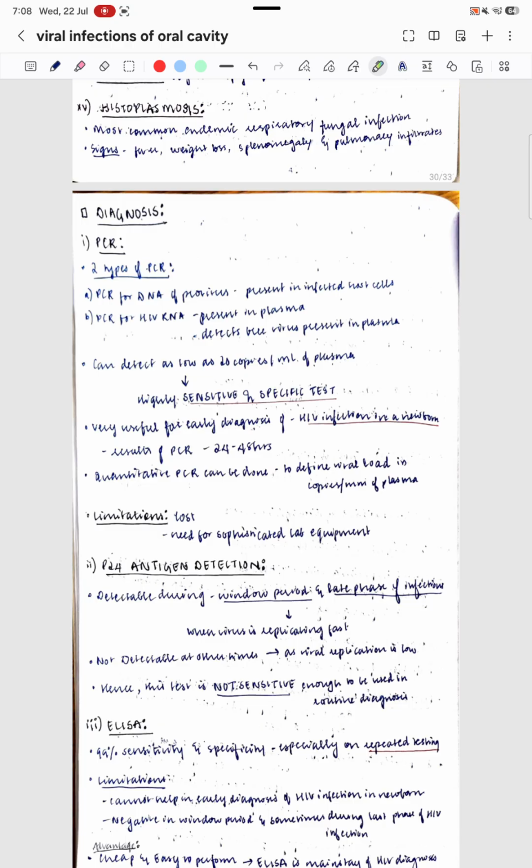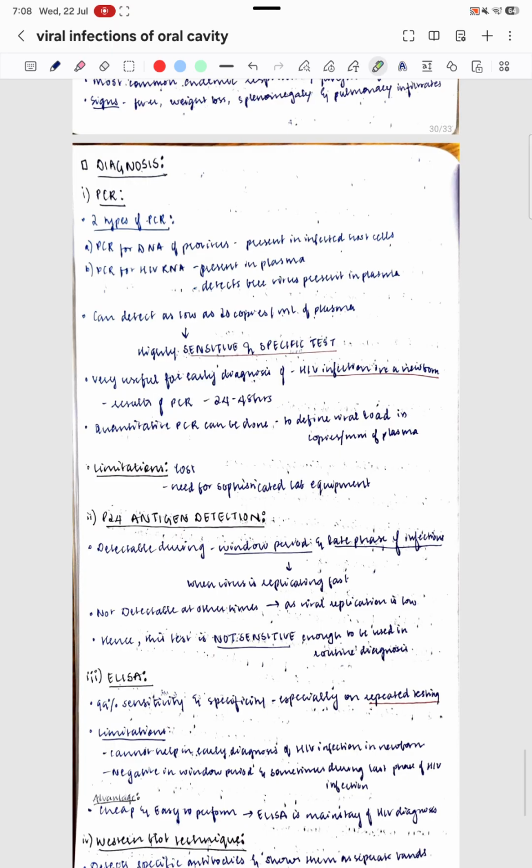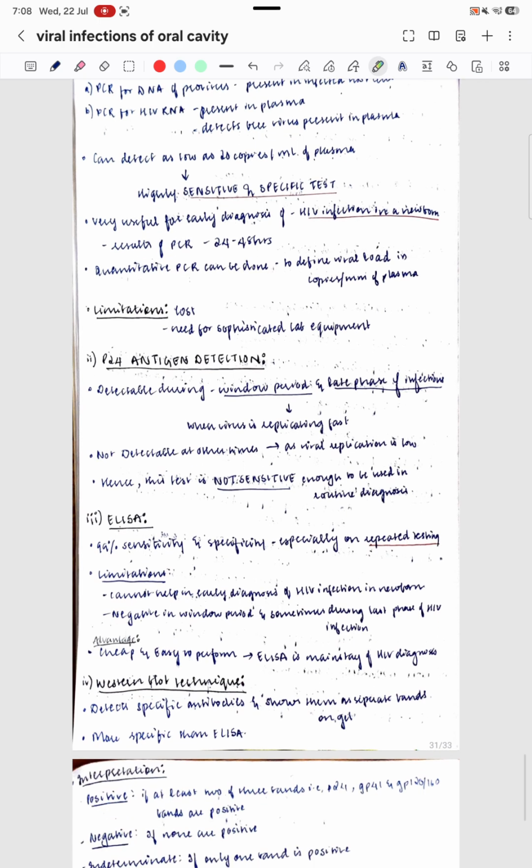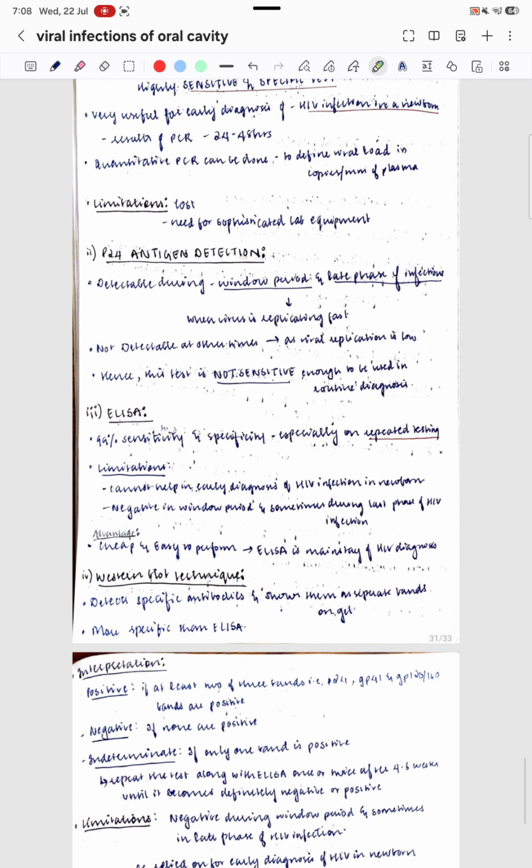Then the limitation could be cost. It could be lost easily, but that's not a satisfactory limitation. So yeah, usually we prefer PCR itself. Then you have something called antigen detection. So we detect the antigens in the window period of infection.